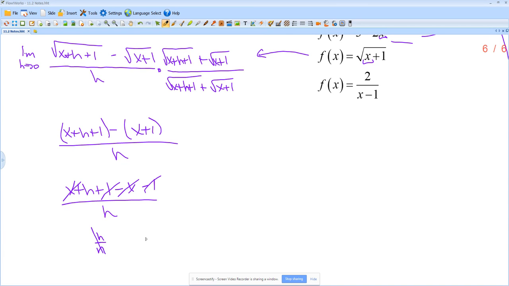So this becomes the limit as h approaches 0 of 1. That's all I have here. So the limit as h approaches 0 of 1 is just 1. But what we just found was the derivative.